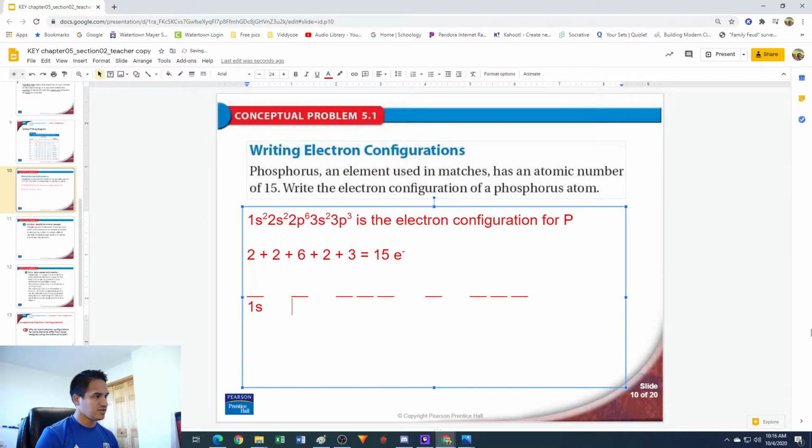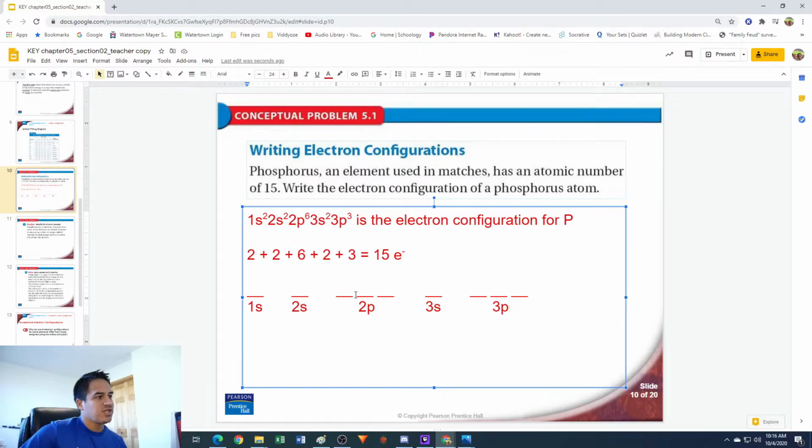So we have 1s, 2s, 2p, 3s, and 3p. Now, you can draw these as boxes, but it's harder to draw boxes on Google Slides, so I'm doing them as underscores. Each of these lines represents an orbital. There's one underscore for the 1s orbital and one for the 2s orbital.